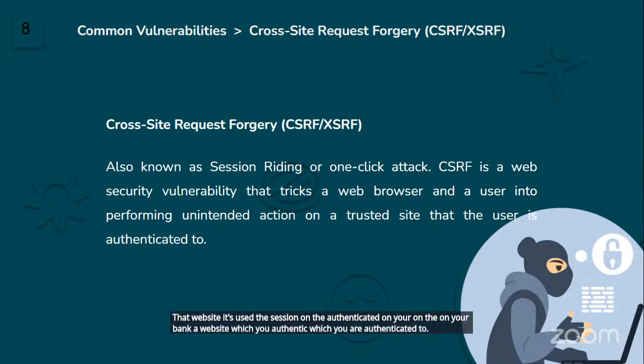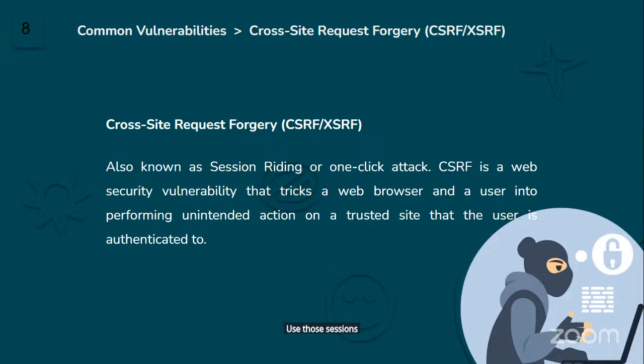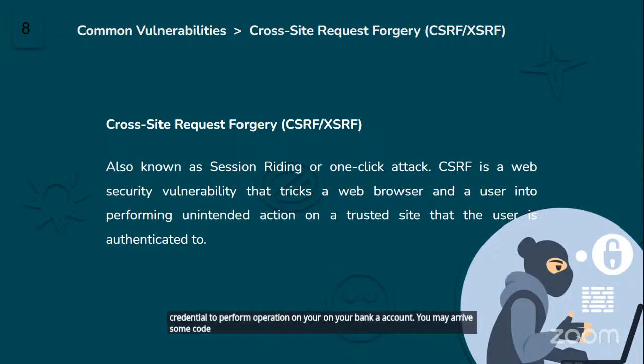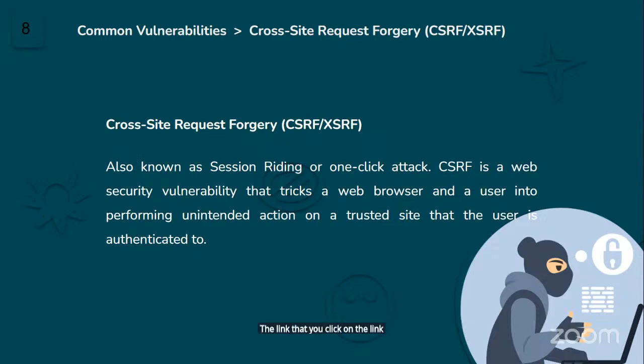It used those sessions, those credentials, it collected them, and it used that credential to perform operations on your Bank A account. It may write some code, some anchor tag code, which you click on, the link that navigates you to a website that you don't find useful and you just go back.